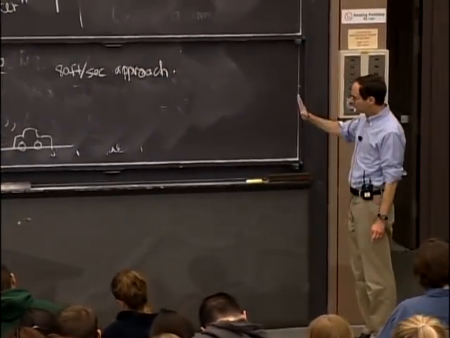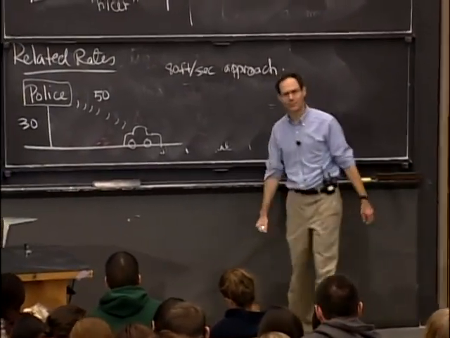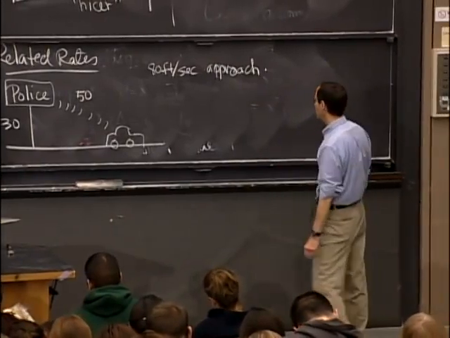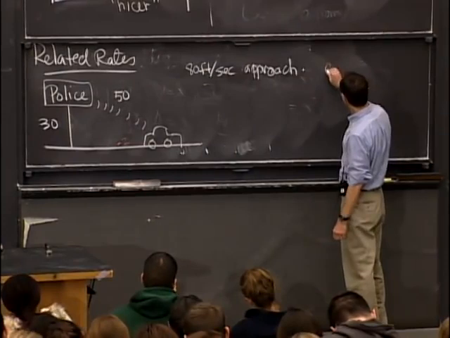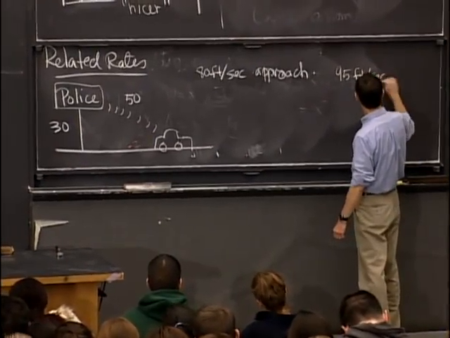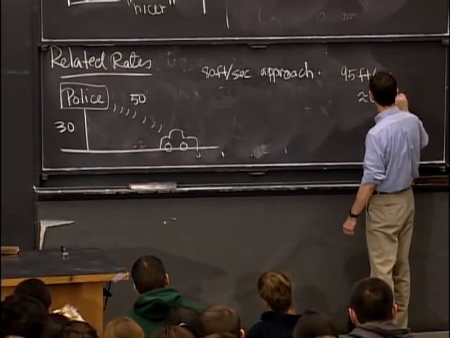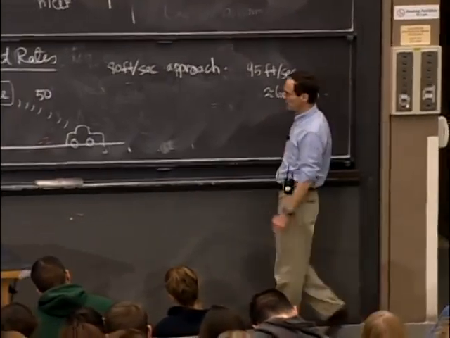Now, the question is, are you speeding? Right? That's the question. So when you're speeding, by the way, 95 feet per second is about 65 miles per hour. So that's the threshold here.